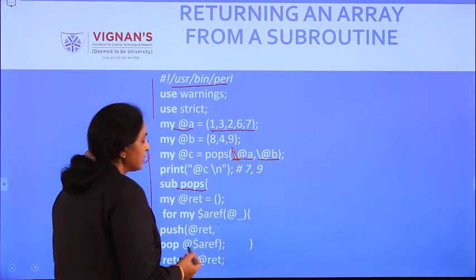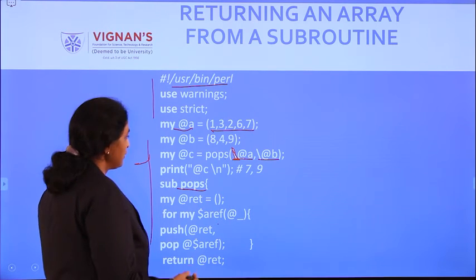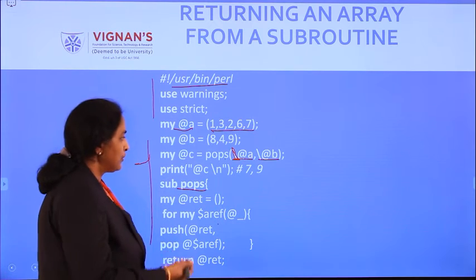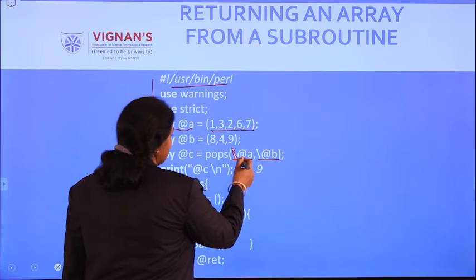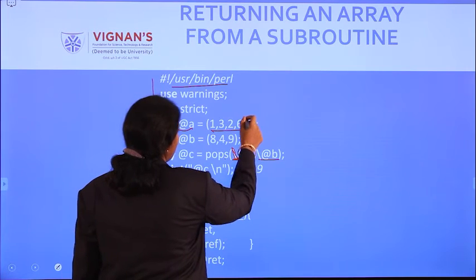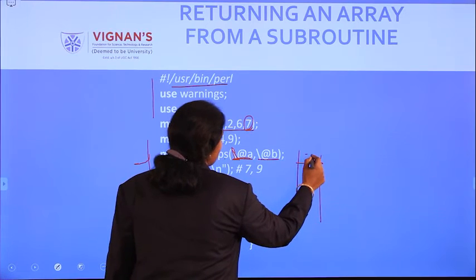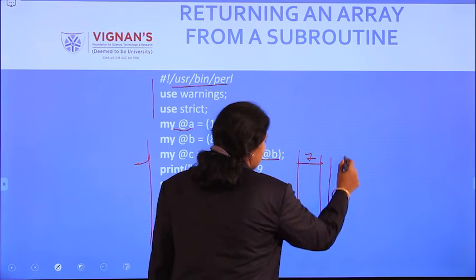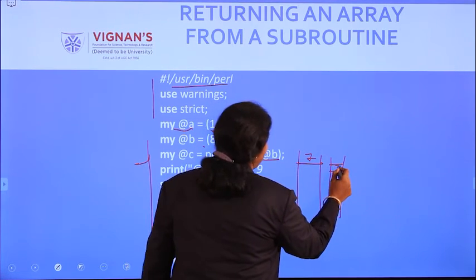You are passing references into the pop function. As you know, pop returns whatever is at the top of the stack. In this case, at A, the last point in the stack is 7. In the other stack, B, the top is 9.